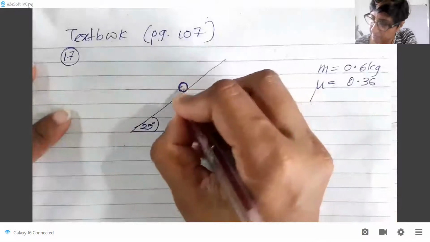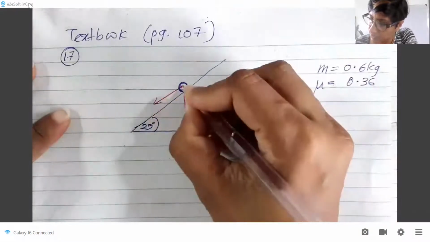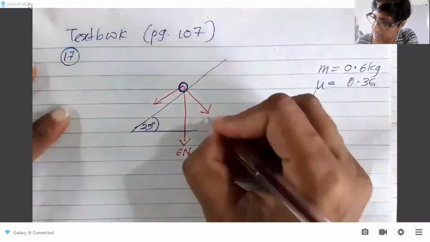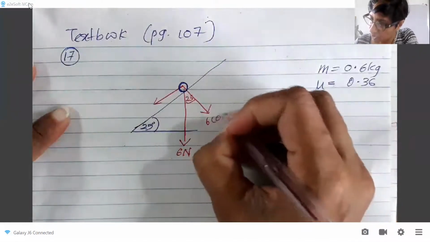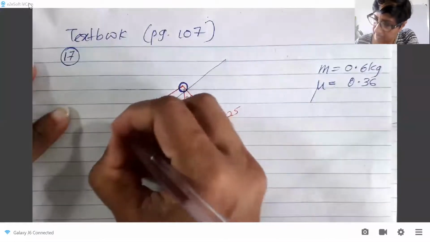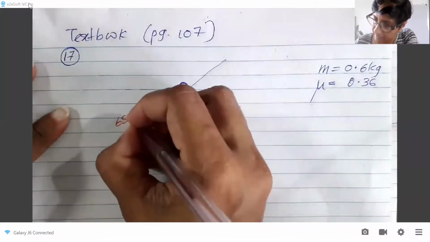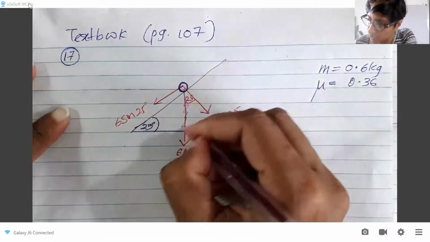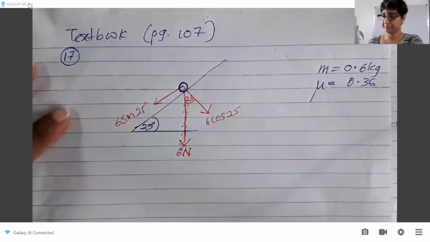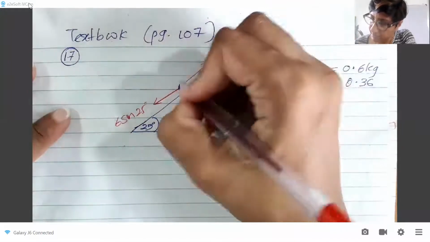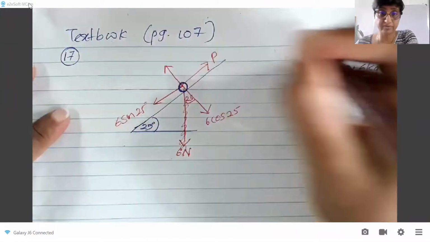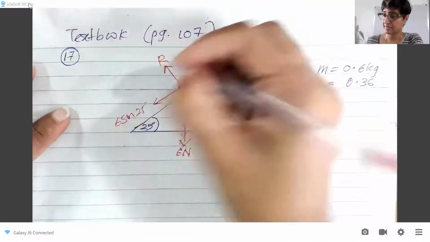So I can replace that with the two components. This is 6, because this 25 will come here. So 6 cos 25 and 6 sine 25. And remember, when you have marked them, you don't need this anymore. And then you have your P acting upwards. And just for the completion of the full body force diagram, you have R as well.